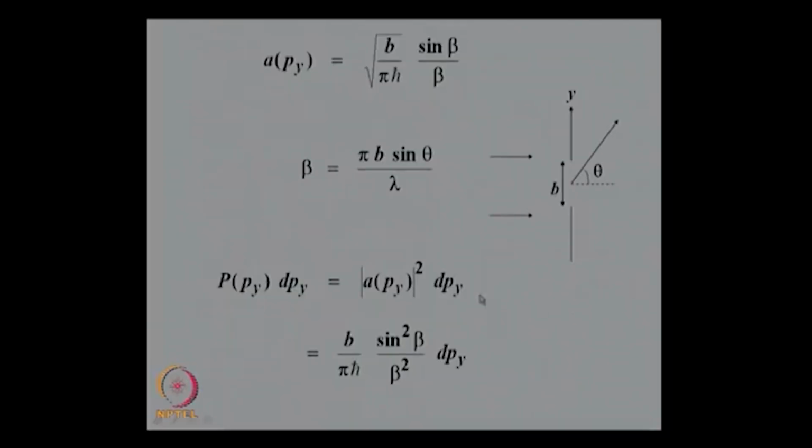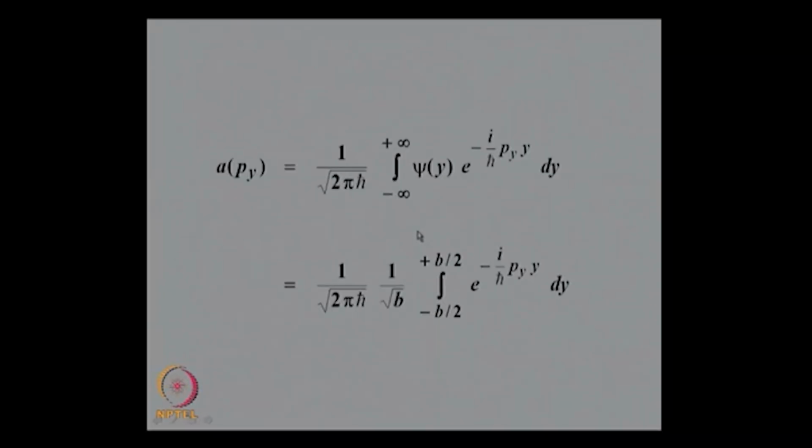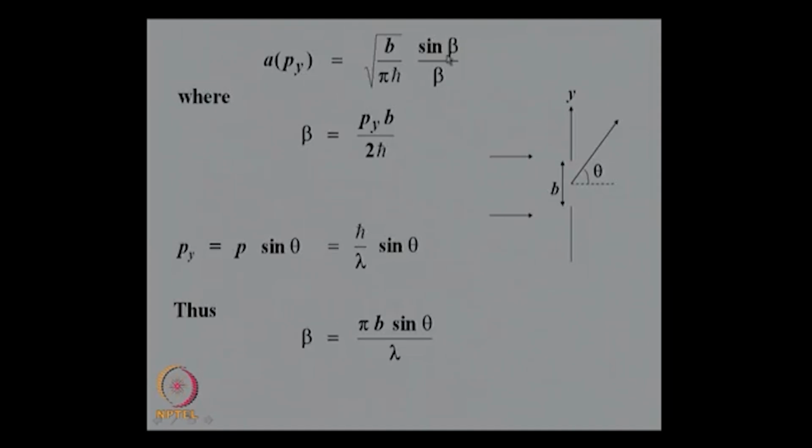So, let me go back to the slides. I first considered the single slit diffraction pattern, and psi of y was non-zero from y equal to minus b by 2 to plus b by 2, where its value is 1 over root b. I integrated this in detail and obtained sin beta by beta, where beta is equal to p y b by 2 h cross, which is pi b sin theta by lambda.